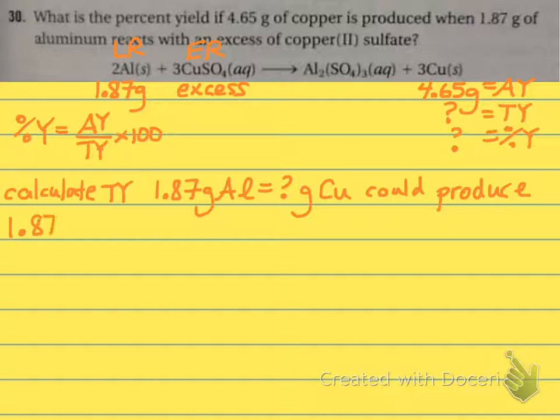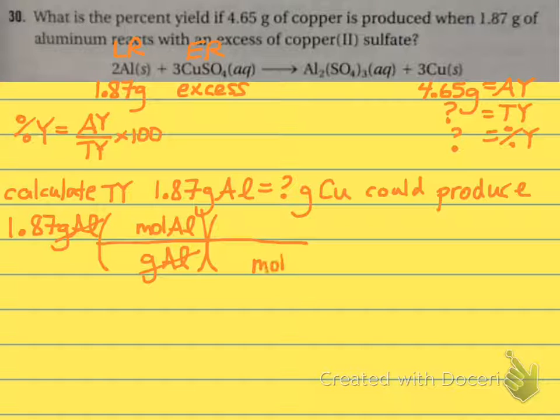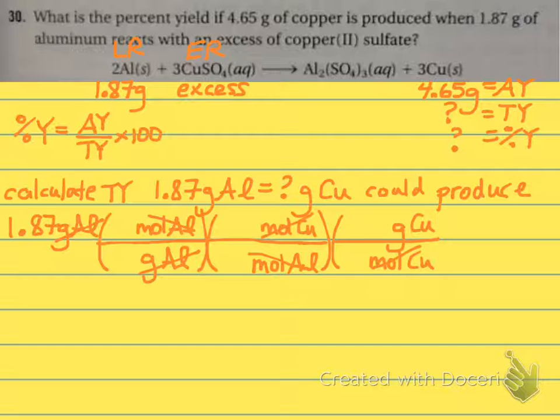So with 1.87 grams of aluminum, I'm going to use the molar mass of aluminum to convert it to moles of aluminum. Then I'm going to use a mole ratio to take my moles of aluminum to my moles of copper. And then I'm going to use molar mass again to take my moles of copper back to grams of copper, so that I can calculate my theoretical yield of copper.